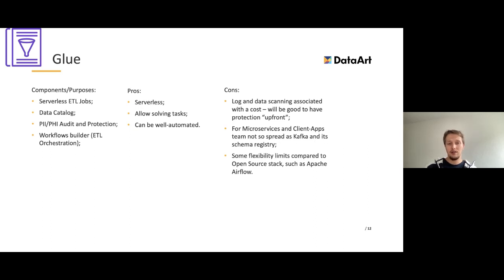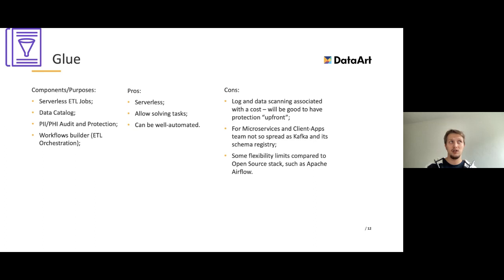The pro of using this service for this goal is that it is serverless. It solves this task well, and using orchestration it can be well automated. When we speak about real-world examples, you'll understand why it's important.